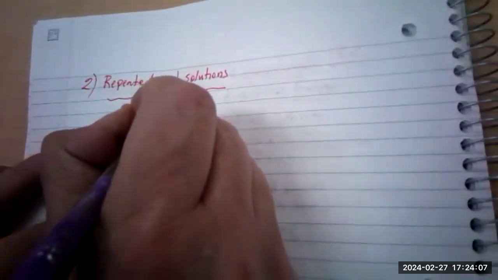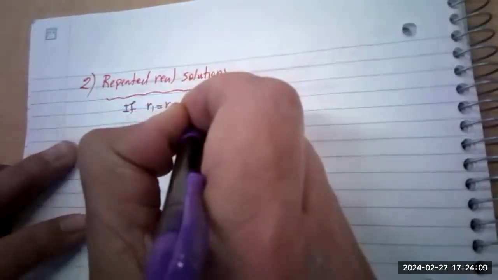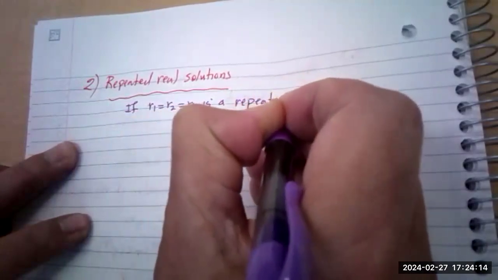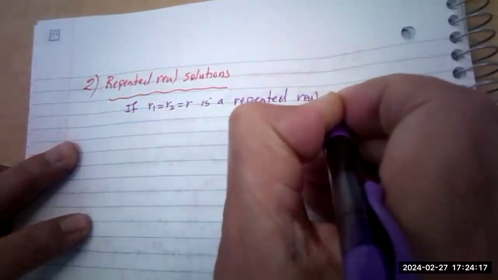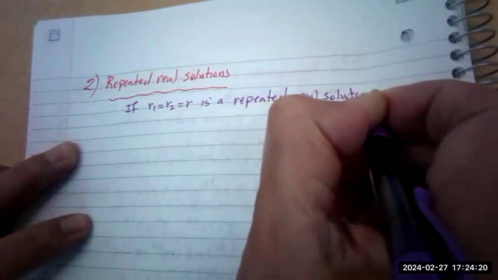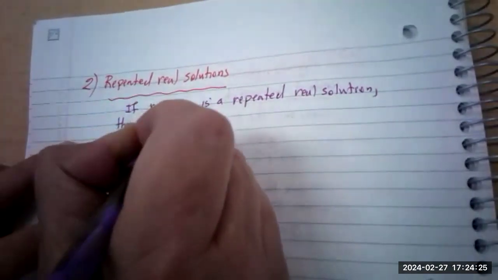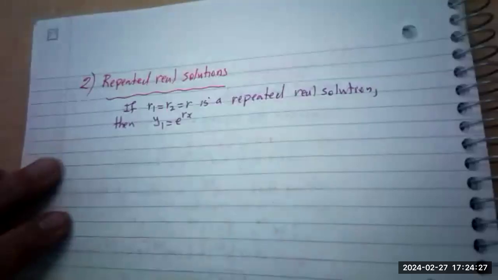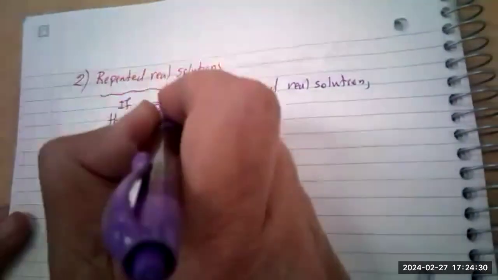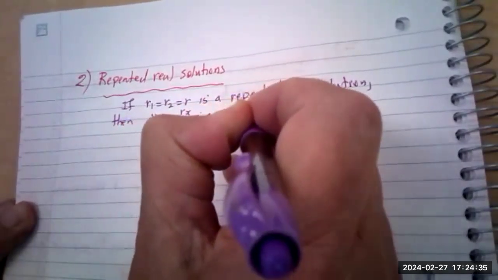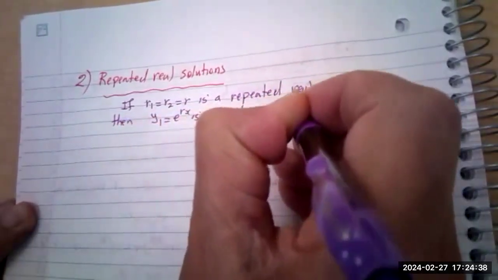In this case, if r1 equal to r2 equal to r is a repeated solution, then y1 equal to e to the rx is going to be a solution of the differential equation.